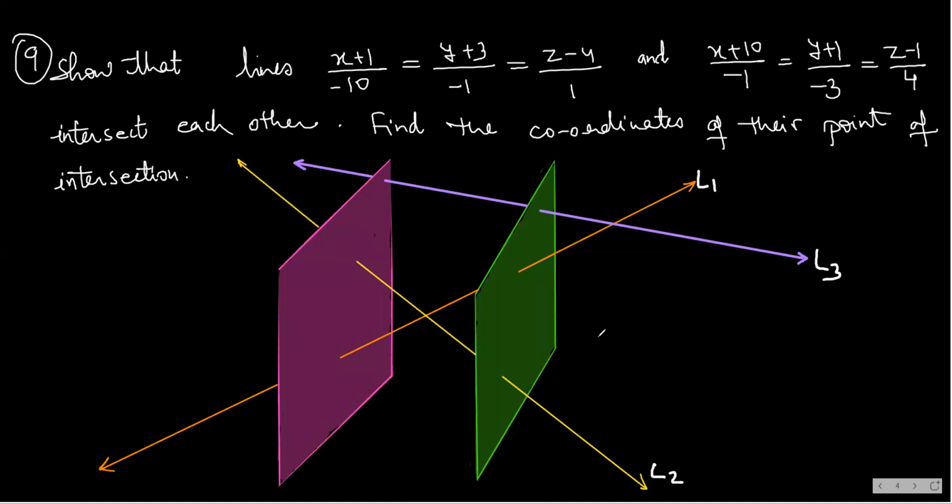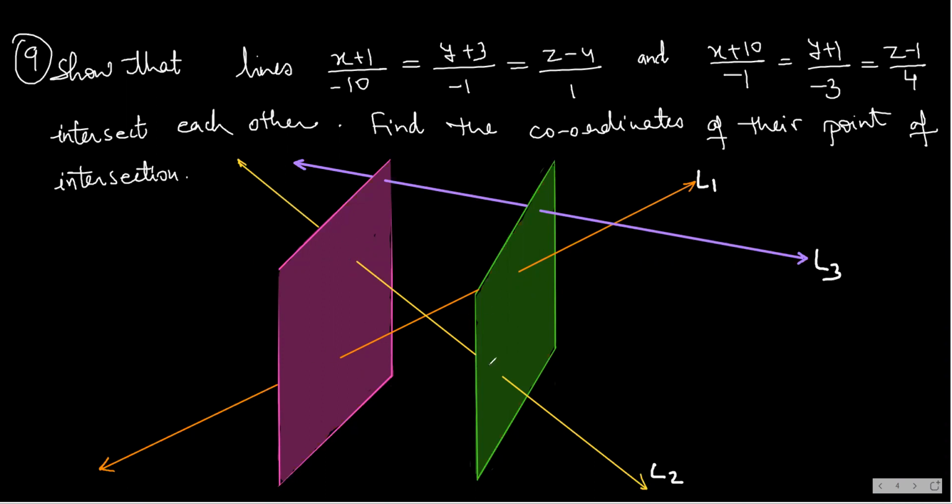In three-dimensional space we have slightly different concepts. Okay, I have tried my level best to make you understand that. See, in order that you get the 3D idea, I have drawn these two planes and I'm making the lines intersect these planes. Okay, so a part of the line which is behind the plane you do not see.